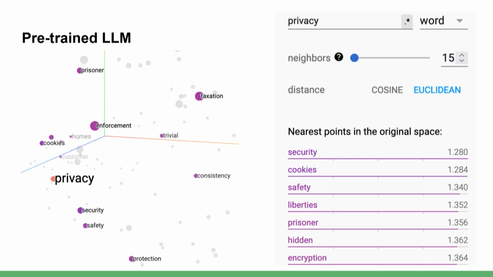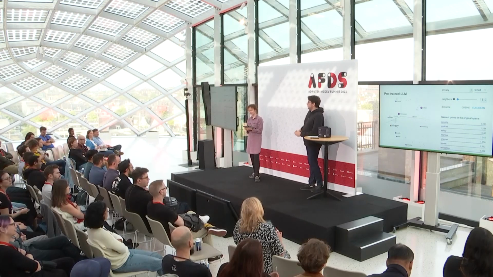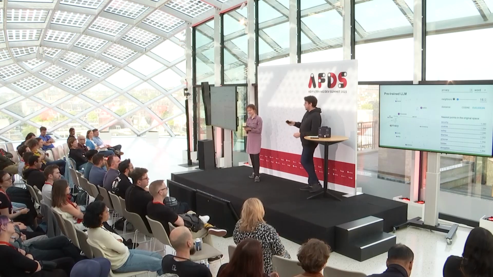But if we use a different data set and extend it to the whole internet before 2020, for example, we have different dependencies in this space.